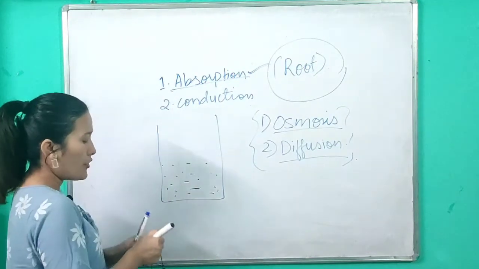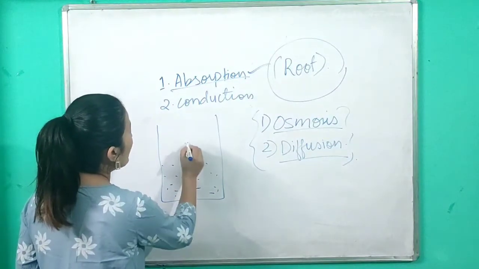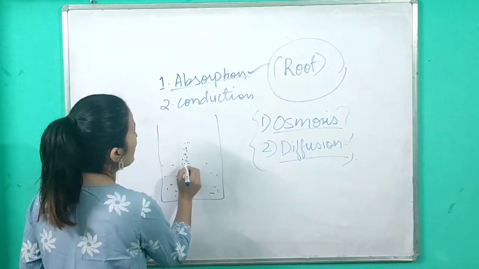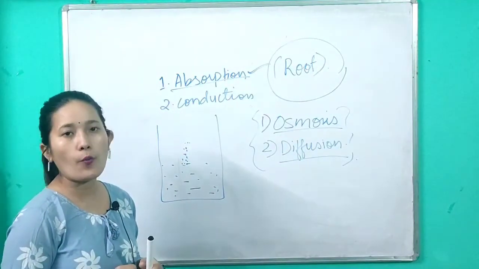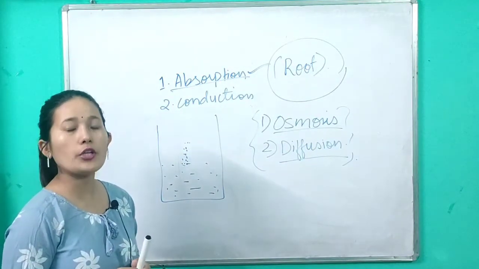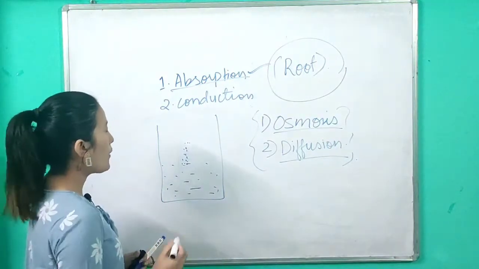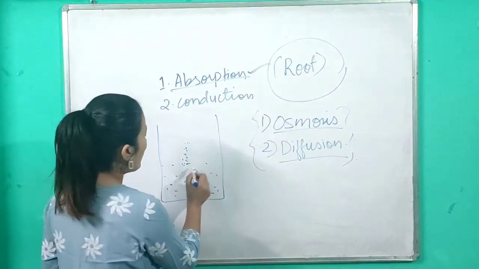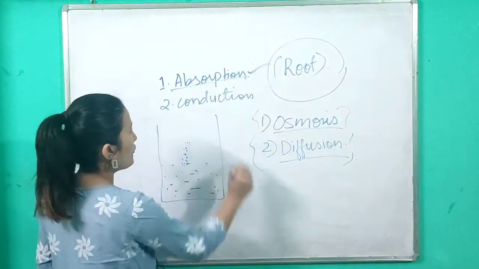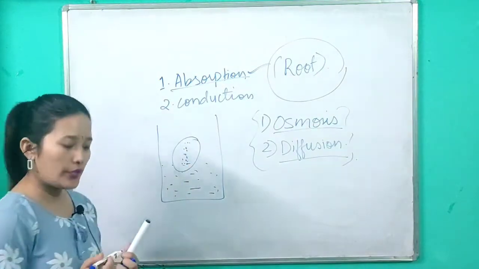Now if you put a few drops of ink or any coloring agent here and keep it for a while, what will you observe? After keeping this for a while, you will observe that the water in the beaker, the whole of it, turns blue in color.